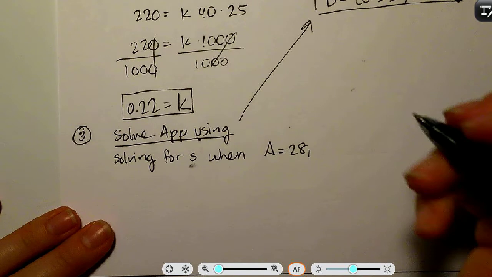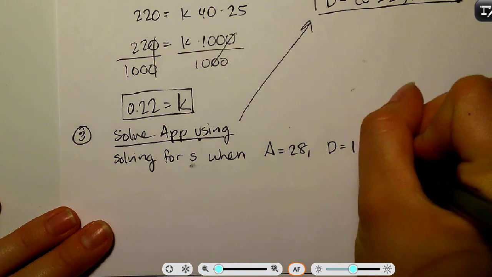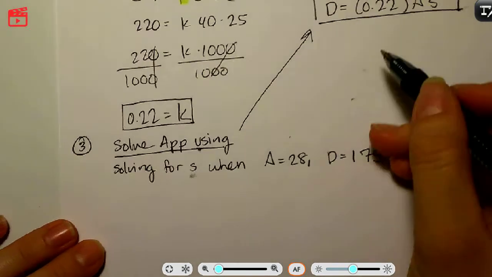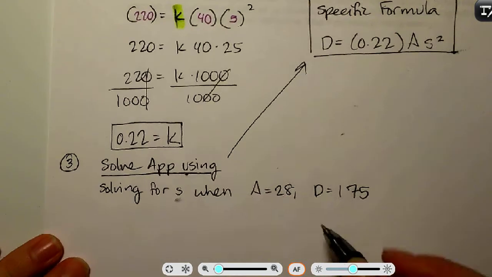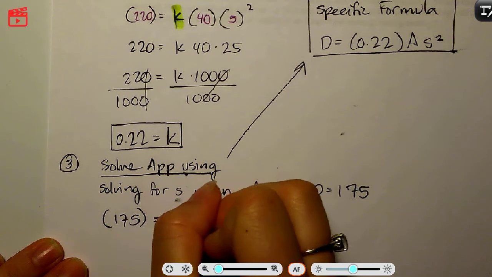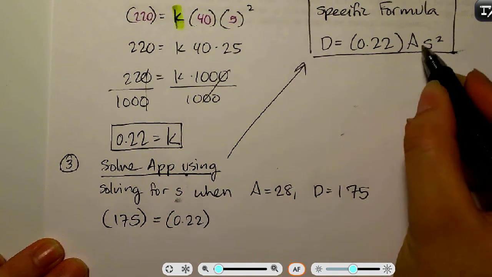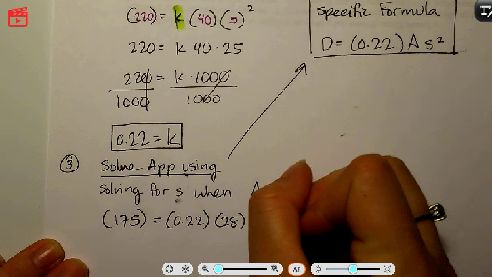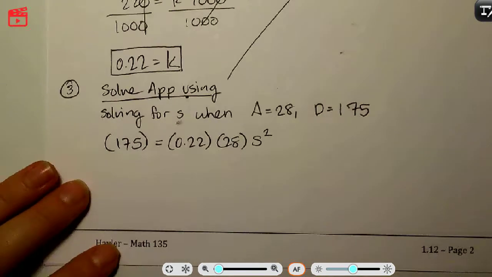The drag force, D, is 175. All right, so let's plug that into my equation right here. So the drag force is 175 equals, and then my constant of variation, times my area, 28. And I'm solving for S, so S squared.